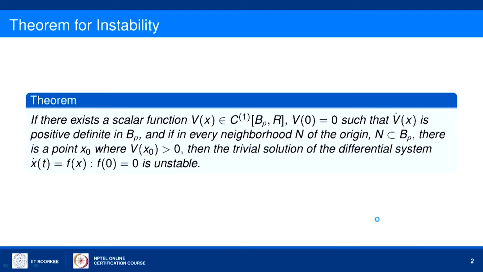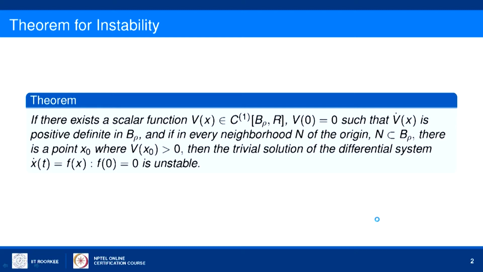Moreover, if in every neighborhood N of the origin there exists a point x naught such that v of x naught is positive, then the trivial solution is unstable here.